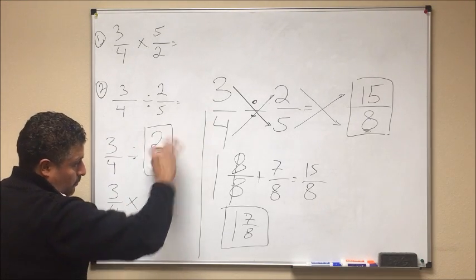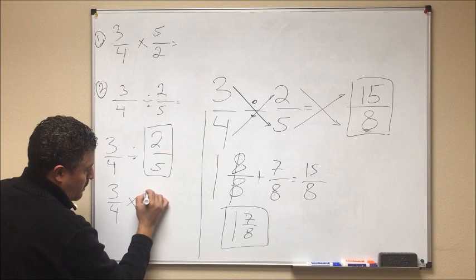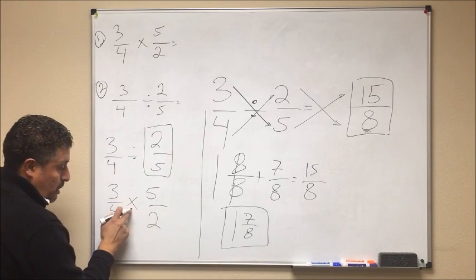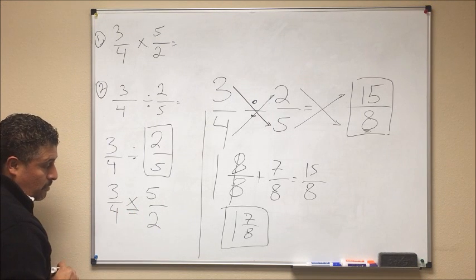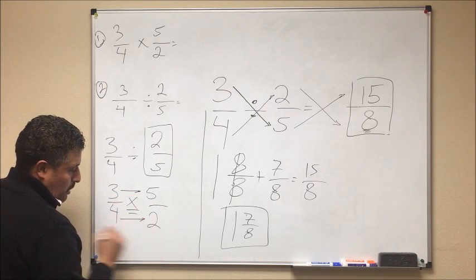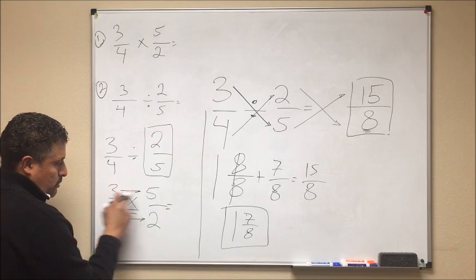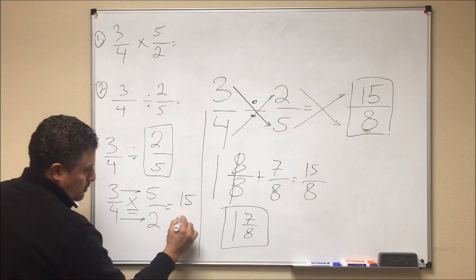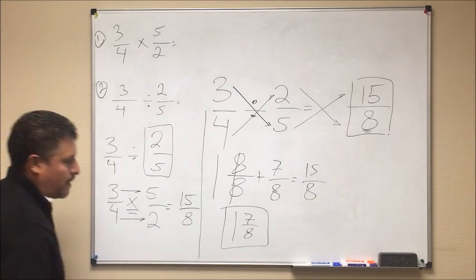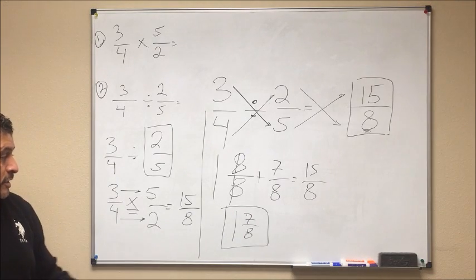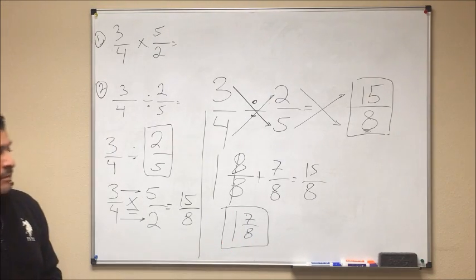What you're gonna do, you're gonna flip the fraction. So the 5 is on the top and the 2 is on the bottom. But you make sure to convert it to a multiplication. And now you can go ahead and multiply across. In this case, 3 times 5 is 15, 4 times 2 is 8. And then you can go ahead and simplify the operation and it'll become 1 7/8.